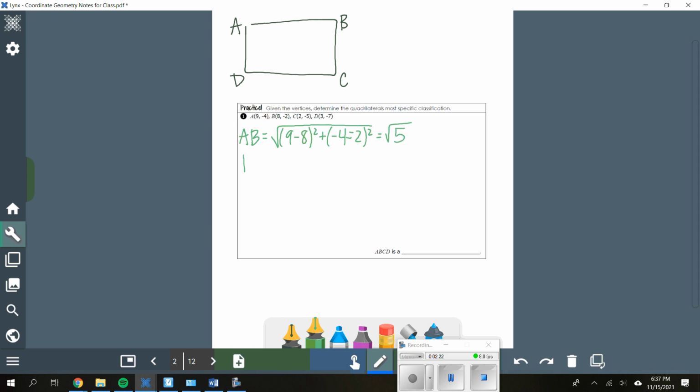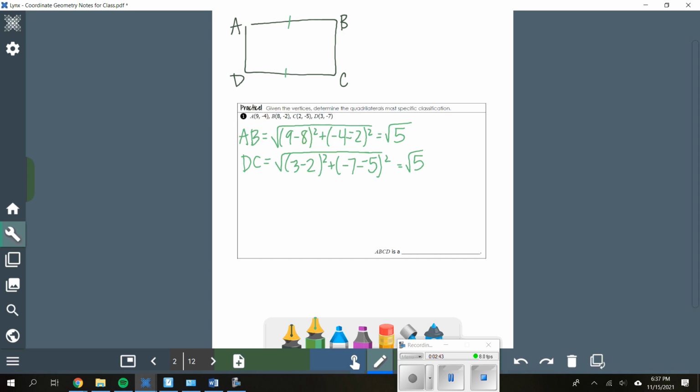Across from AB is BC. I want to do opposite sides just to distinguish between cluster 1 and cluster 2. So 3 minus 2 squared and added to negative 7 minus negative 5 squared, for an answer of radical 5. So in this case, I am seeing AB is congruent to BC.